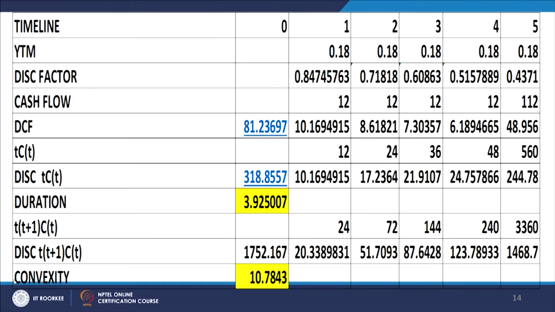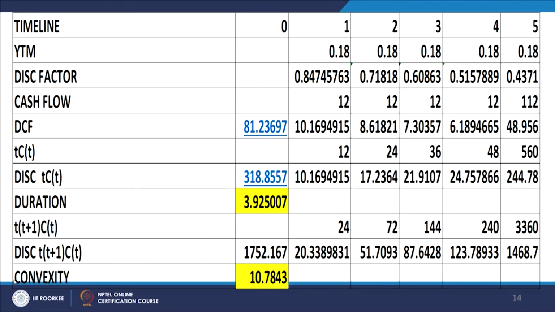Using the same inputs, we can calculate the duration. Duration calculation is quite straightforward. It is the sum of t into CT: we multiply the first year's discounted cash flow with 1, the second year's discounted cash flow with 2, the third year's with 3, the fourth year's with 4 and the fifth year's with 5.